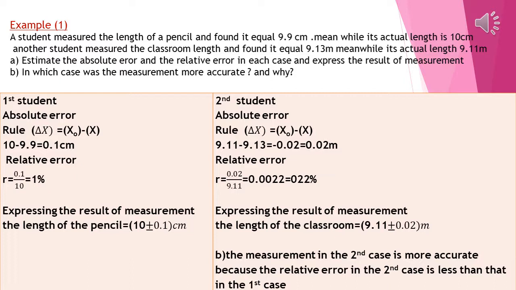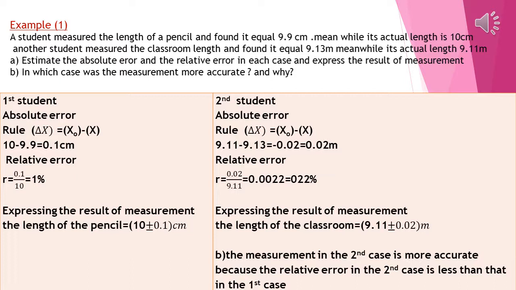Absolute error delta x equals x naught minus x, with x naught 9.11 and x 9.13, so the difference between them equals 0.02. The relative error, absolute error over real value, as a percentage equals 0.22 percent.